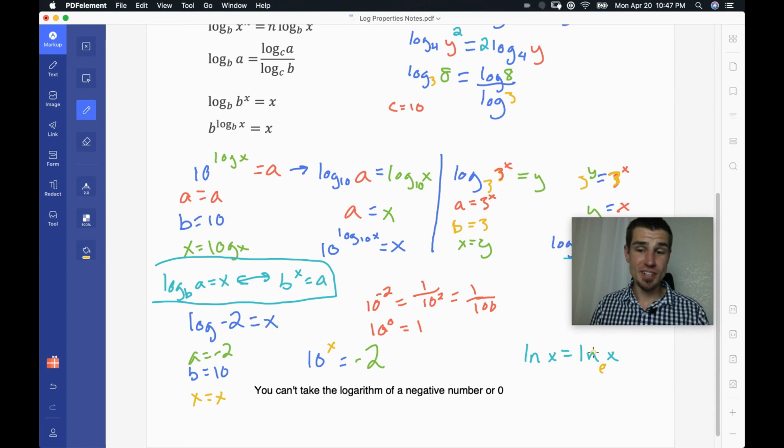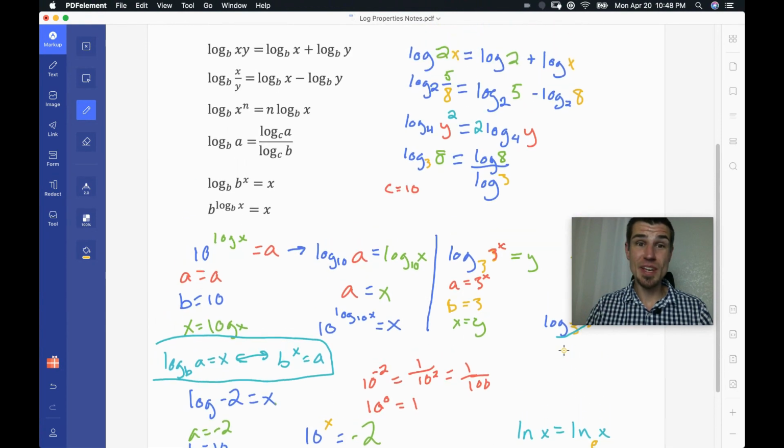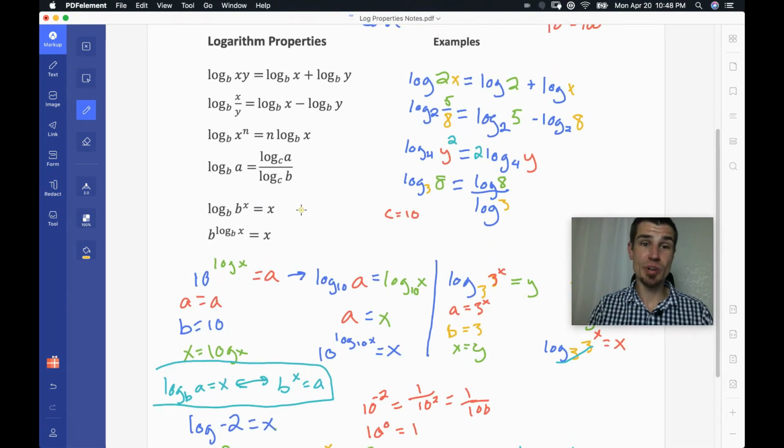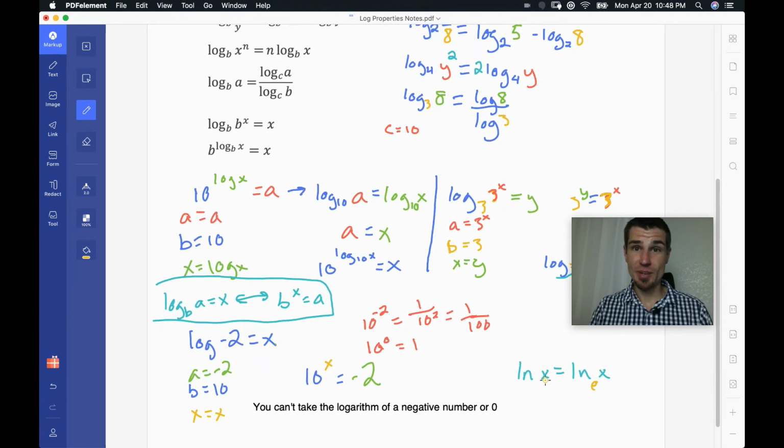So what we need to know is that the natural log is a special logarithm. What that means is that all of these amazing properties up here, these logarithm properties, they all apply to the natural log as well, because the natural log is just a special logarithm.